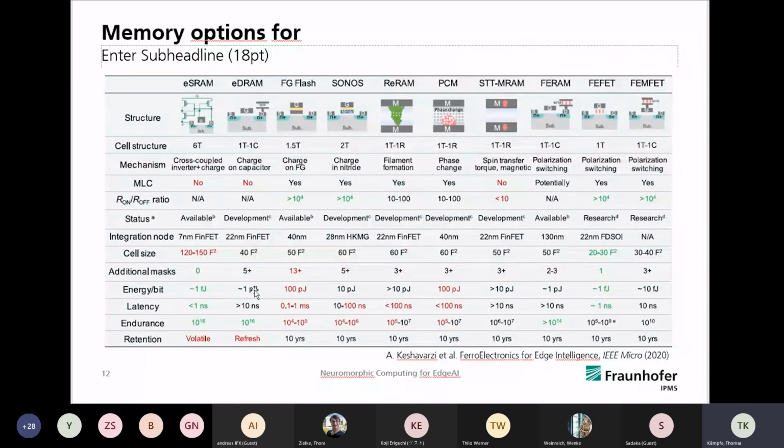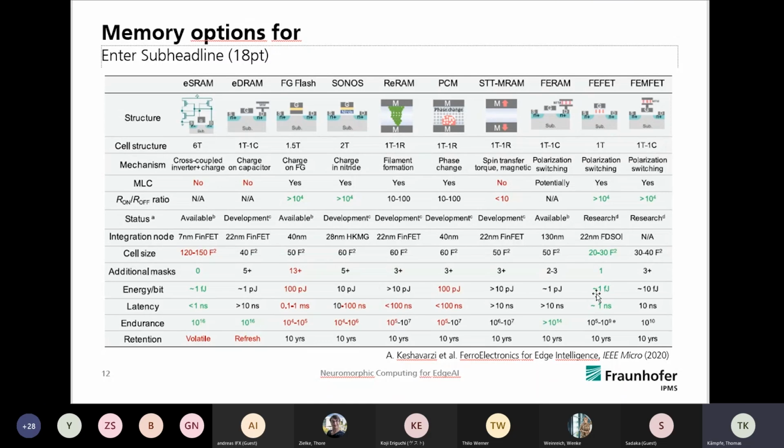So some cells have extremely low energy used per write cycle, particularly SRAM or FeFET, and have a very small latency, which is very important for the overall power consumption.